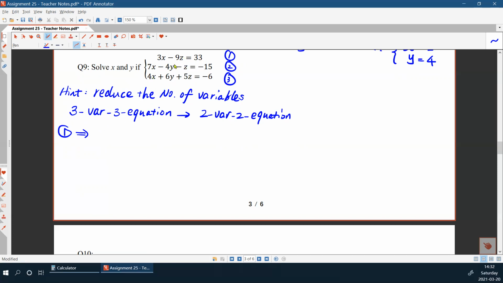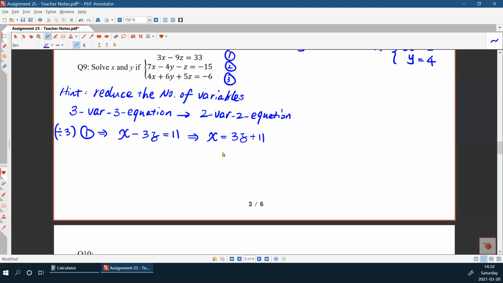So note that we can first divide both sides of equation 1 by 3. This will give you x minus 3z equals 11, right? And you can further solve x in terms of y and z. That means x is 3z plus 11.